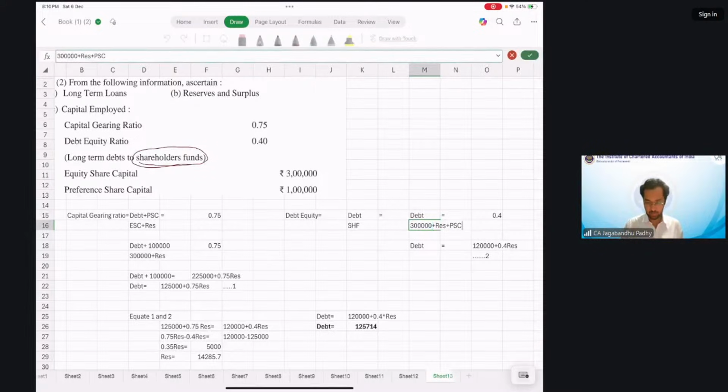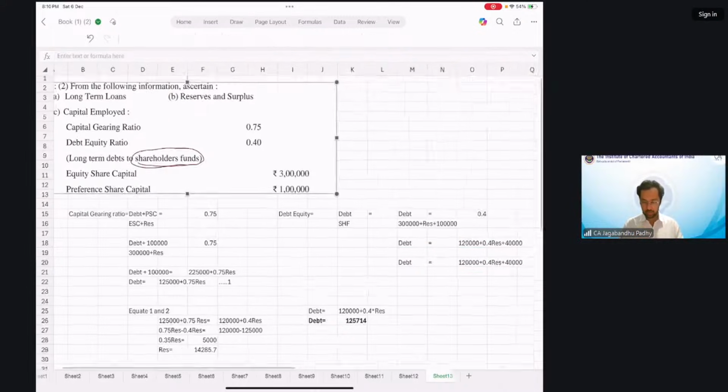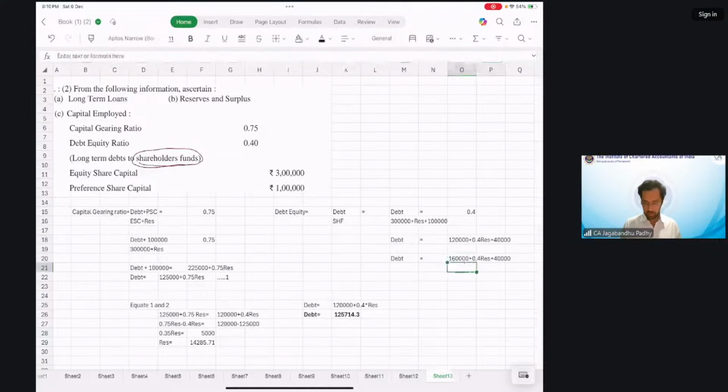This will be 40,000. So debt will be 1 lakh 20,000 plus 0.4 reserves plus 40,000. Rather, I'll say this is 1 lakh 60,000 plus 0.4 reserves.